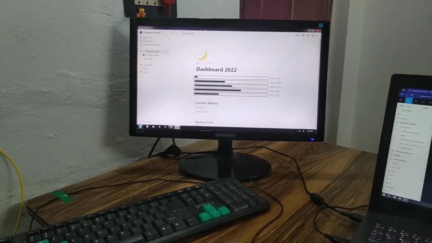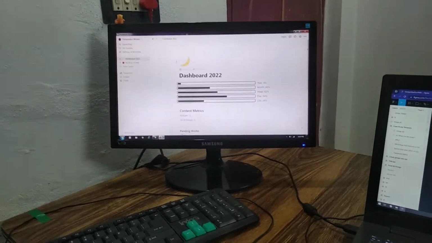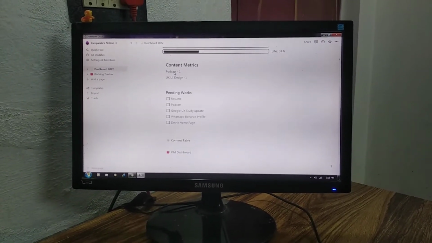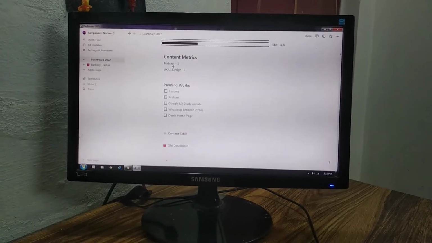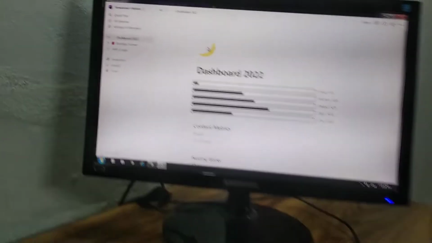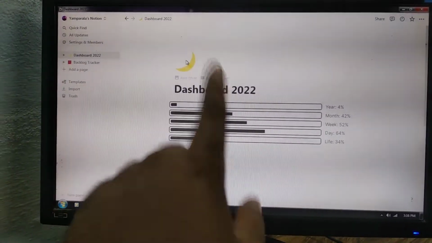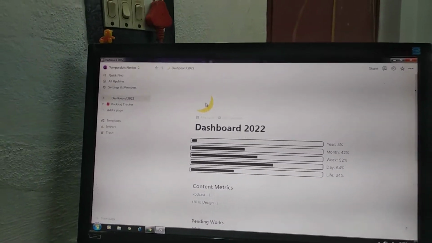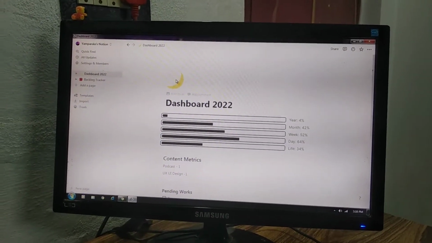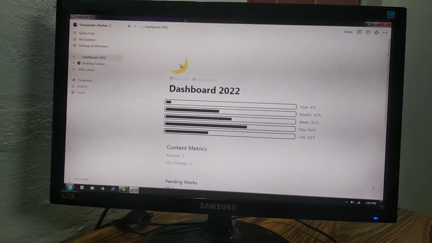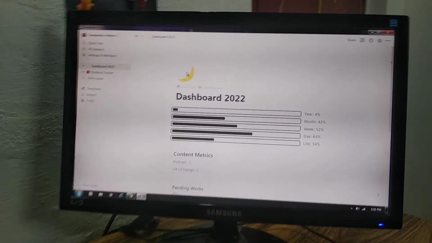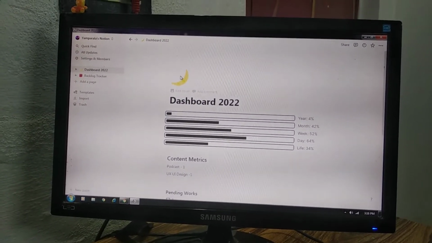Here I have a PC on which I have Notion opened, where I have everything I need to work on today. The plus thing is that you can have this type of widget in your Notion, so that you can know how much of the year is left, the time left to end this month, not time but the percentage, week, day and life.